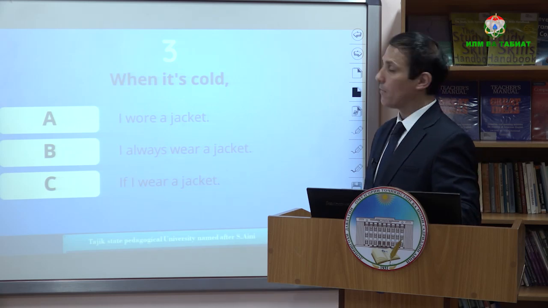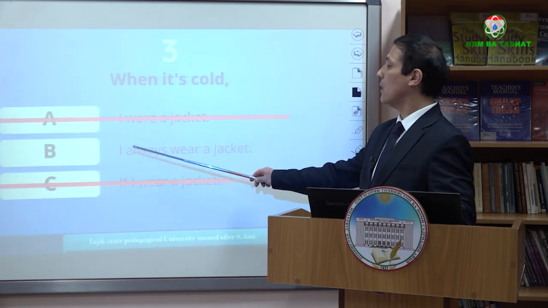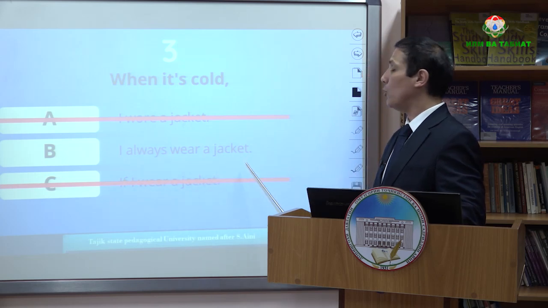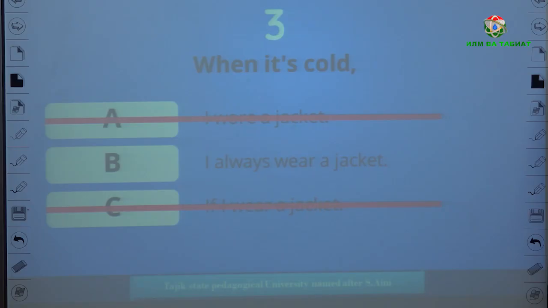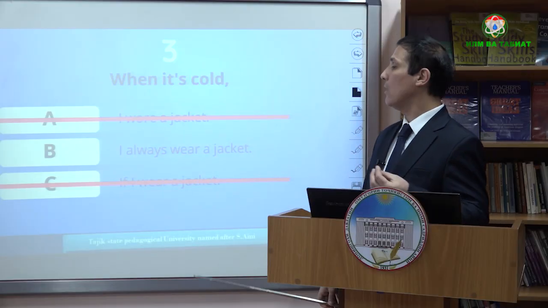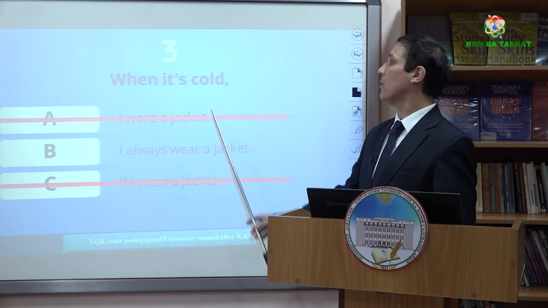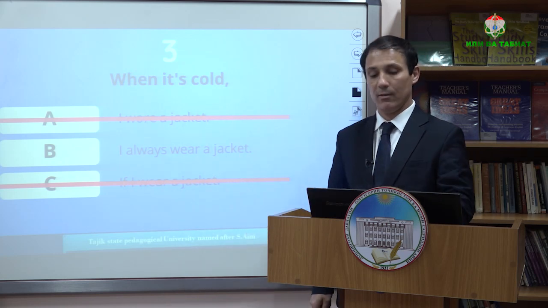Okay? This slide tells: when it is cold, I always wear a jacket. It has the fact that if it rains, you have to wear a jacket. The correct variant we have to choose is: I always wear a jacket when it is cold.